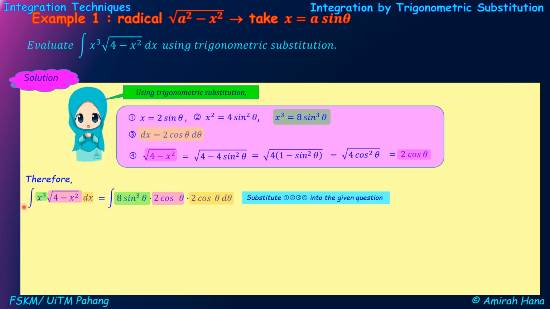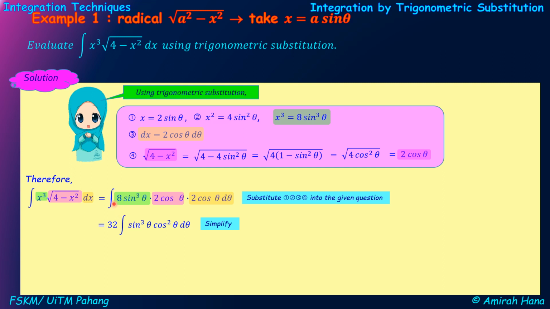The original function we are given is in terms of variable x with a radical. After we substitute steps 1, 2, 3, and 4, now we have no more radical function, but we have a trigonometric function with variable theta, right? From here, we need to simplify.